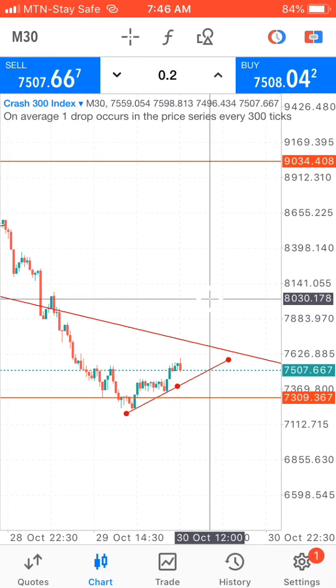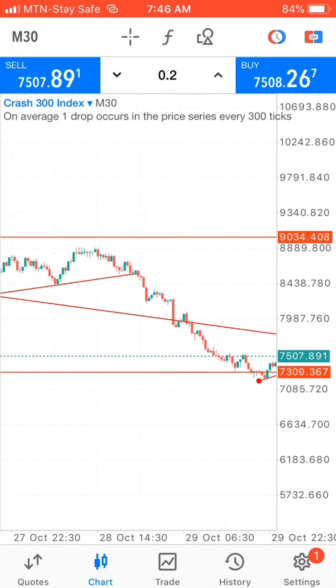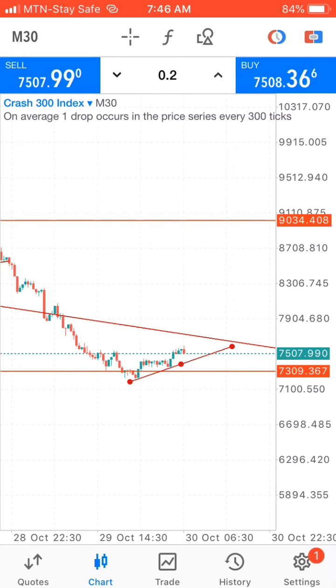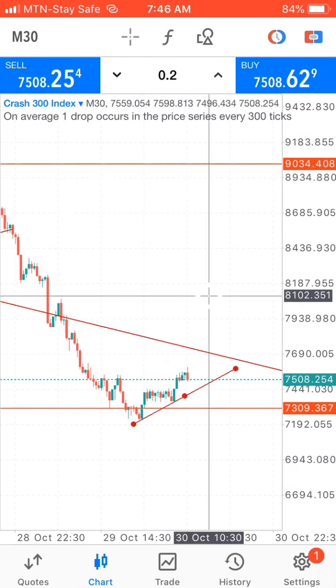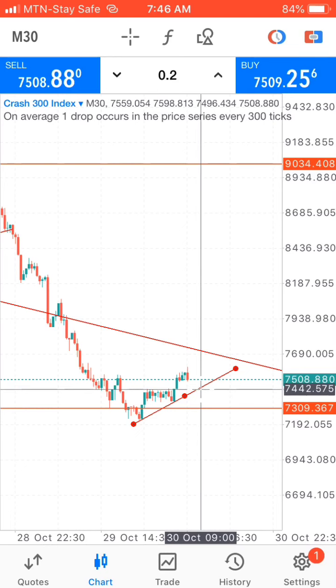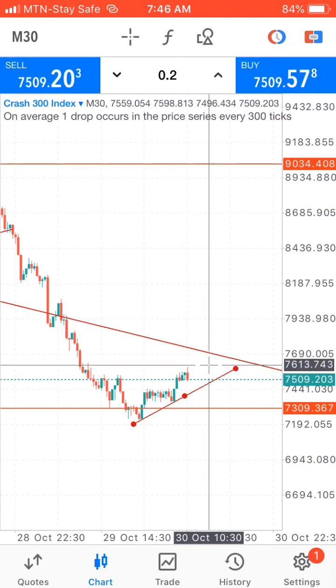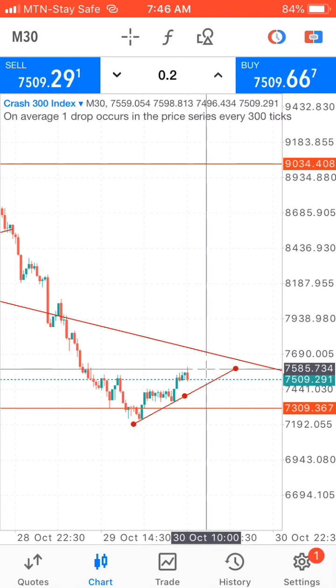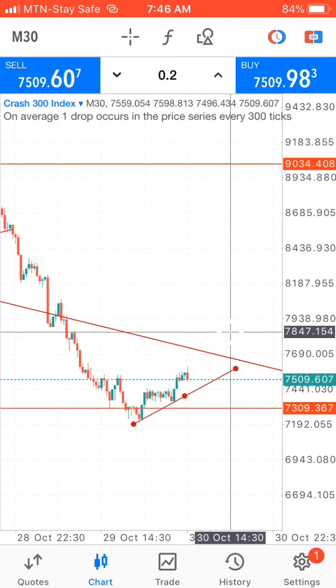Because from what I'm seeing now, to be very honest with you guys, this market is buying. This is what I'm saying right now, that the market is going to buy. But I have to be patient for the market to come down here. If it comes down here and I see a retracement after the next 2 minutes, 1 hour, that is the 30 minutes into two places, and it starts going back up, that's when I go straight for a buy.